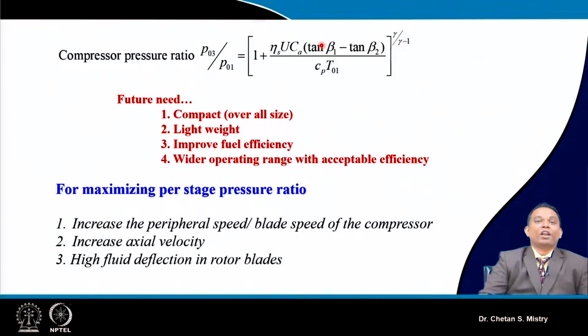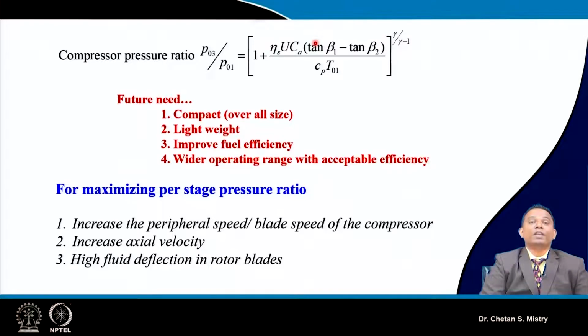Now what are we looking for? We are looking for a future compression system that needs to be compact. When we say compact, that means overall size needs to be lower. We are looking for engines that are lightweight.